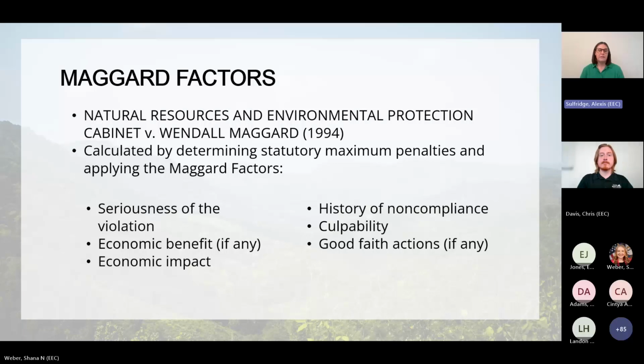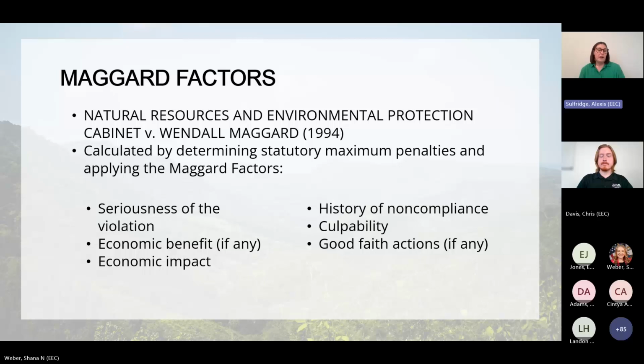And then we look at if there was any economic benefit from the violations. Was there actually money made by committing these violations? We've seen that before. Is there money that should have been spent to avoid those violations that was not spent intentionally? It's just putting off those costs. We consider that economic benefit as well. But that's not always the case, and I would venture to say it's not usually the case that there is a lot of economic benefit to any violations.